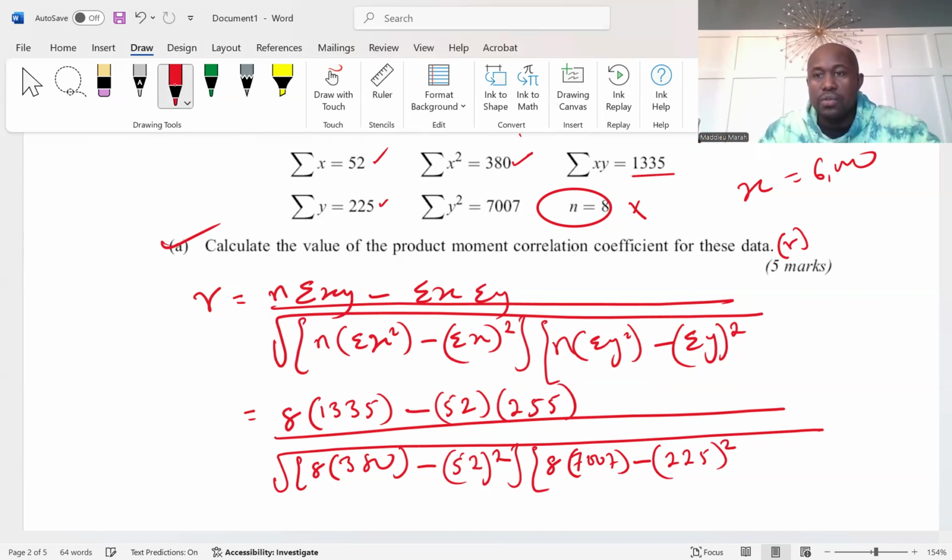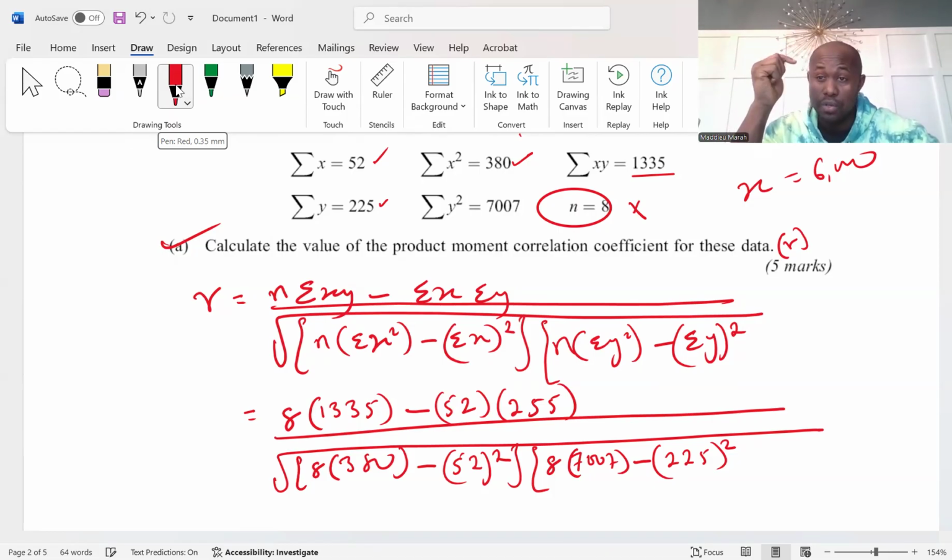I've set my values. This is how we do the correlation. Now we want to determine the strength of the relation, whether it's strong, partial, or if there is no correlation at all.